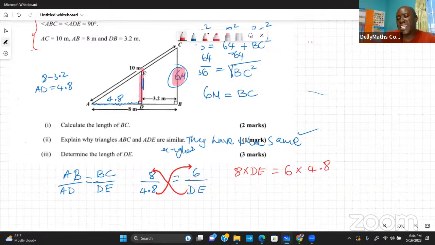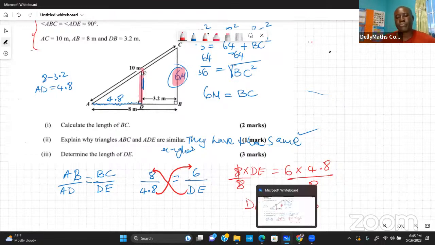If I want to find DE, I'll divide by 8, divide by 8. Check it out. DE is equal to 4.8 times 6, then divide that by 8. Anything you get is the answer. It says 3.6, and definitely that's the answer.